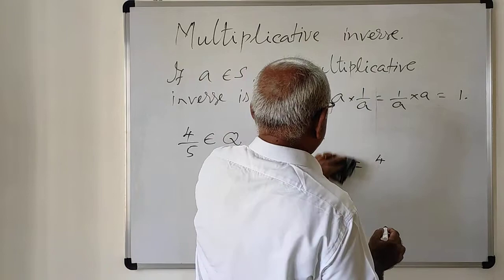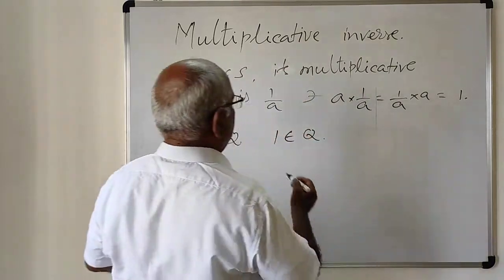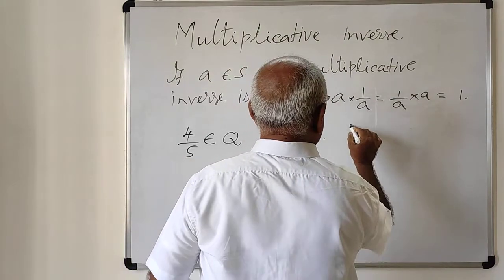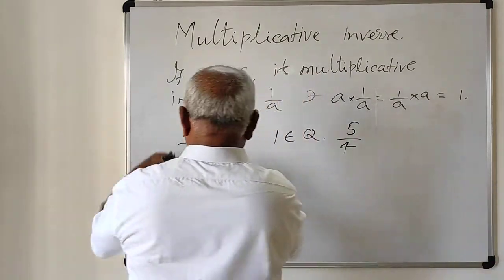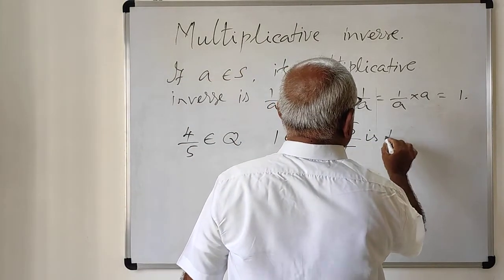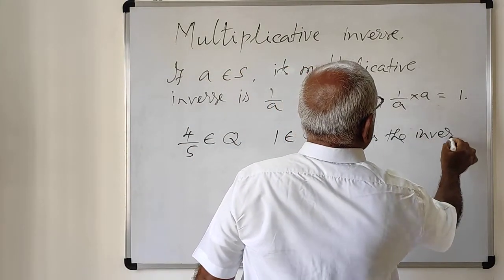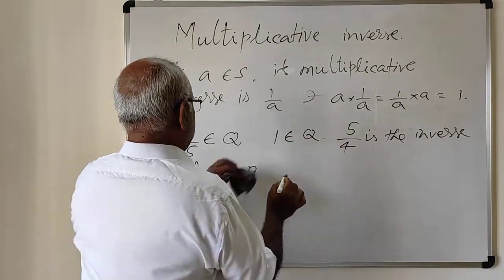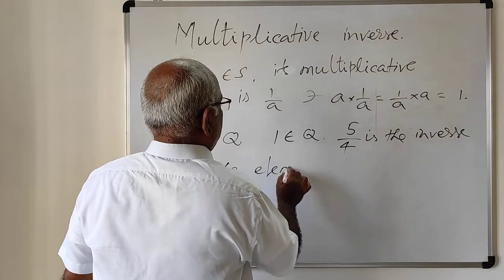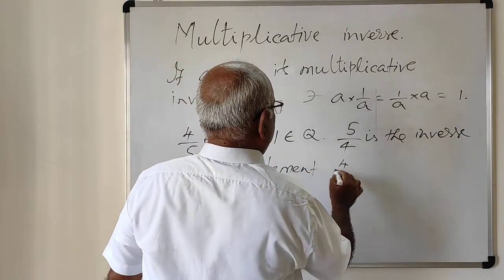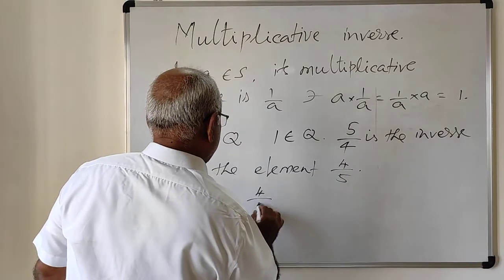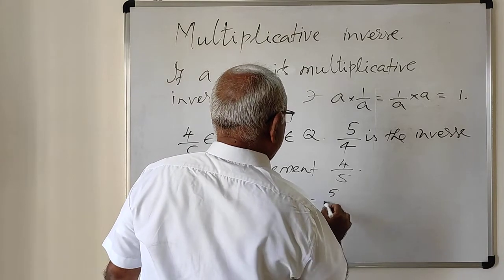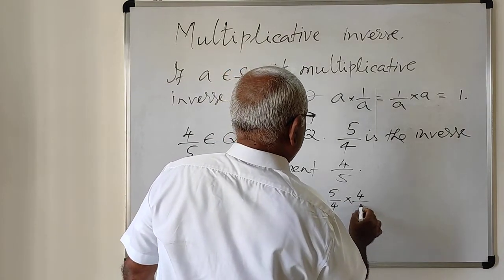And for 4 by 5, 1 by 4 by 5, that is 5 by 4, is the inverse element of 4 by 5. That is, 4 by 5 into 5 by 4 equals 5 by 4 into 4 by 5 equals 1.